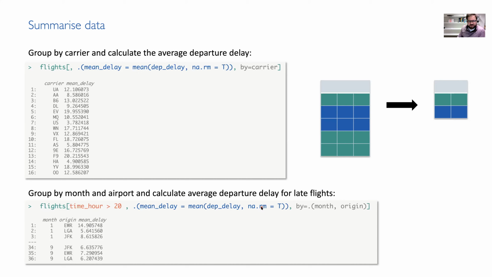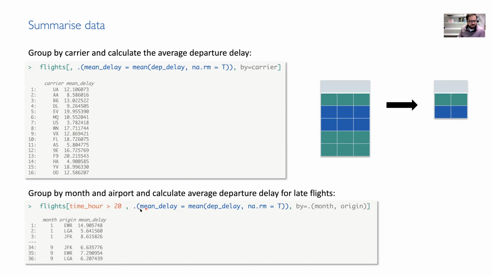For example, in this case, we take all flights that depart after 8 p.m. And the remaining flights we group by month and the origin airport. And we again calculate the average departure delay.